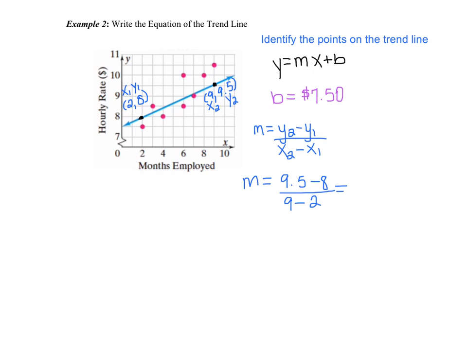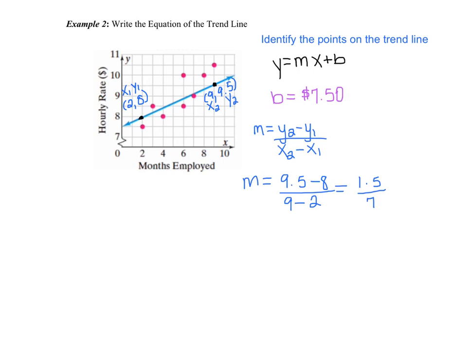So now let's subtract. 9.5 minus 8 gives us 1.5 over 9 minus 2, which gives us 7. So now we have 1.5 over 7.